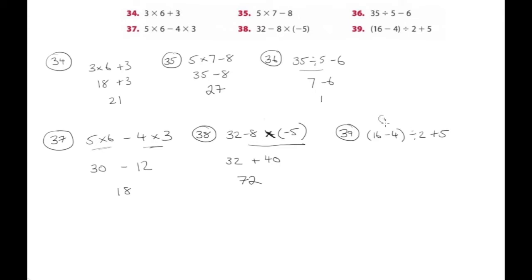So first we're going to do this, then we're going to divide, and then we're going to add. So we do what's inside the brackets first. 16 minus 4 is 12, divided by 2 plus 5. So 12 divided by 2 is 6, plus 5 is 11. And that's all of those.